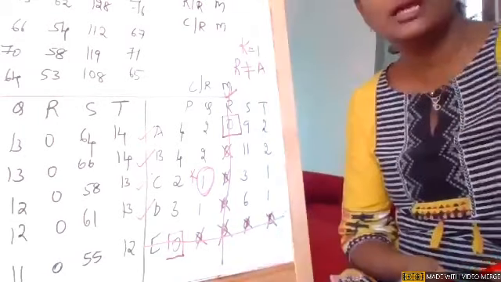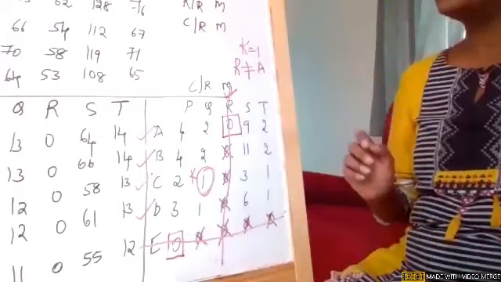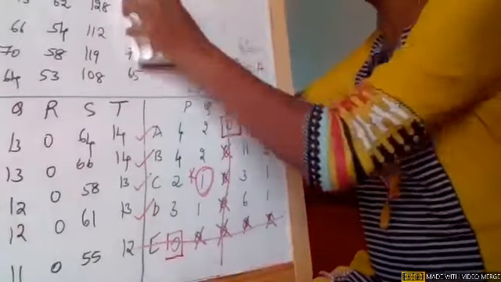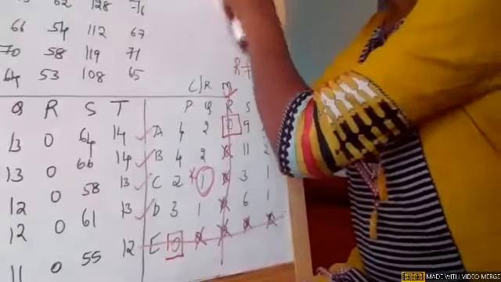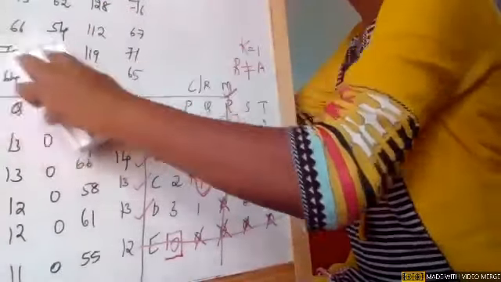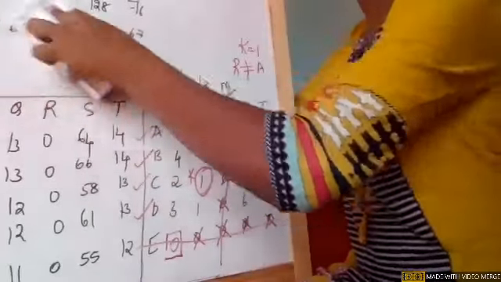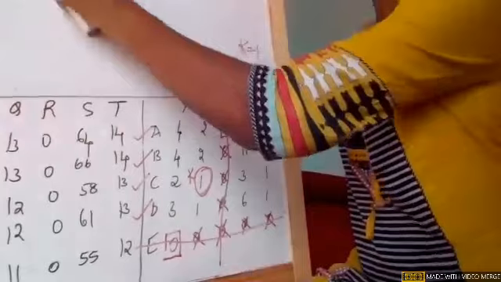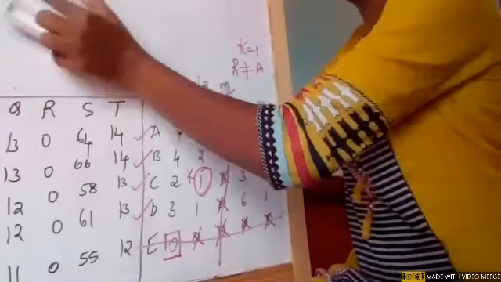So this is what we came to know from this matrix after applying all the Hungarian method techniques. Now we will again create the new matrix using our rule. Wherever there is a single line, the value remains unchanged. Wherever there is no line, we are going to subtract the K value.